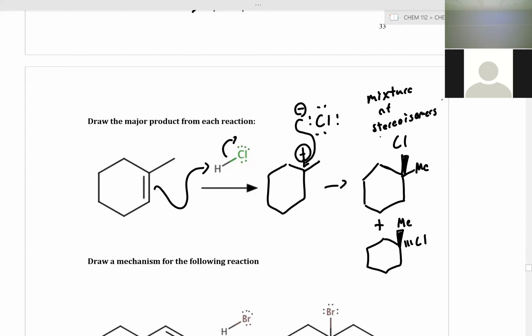Which doesn't matter in this case because this compound's meso, it's symmetrical.